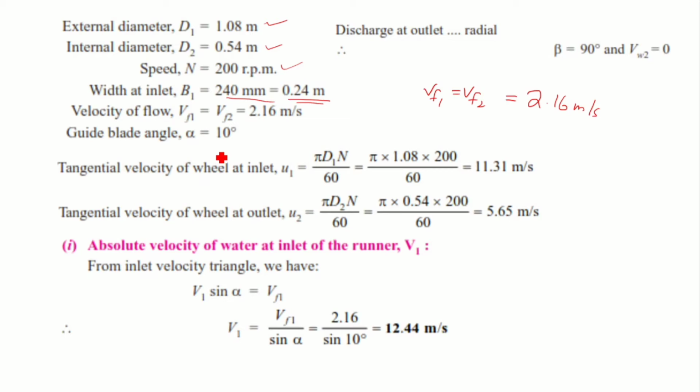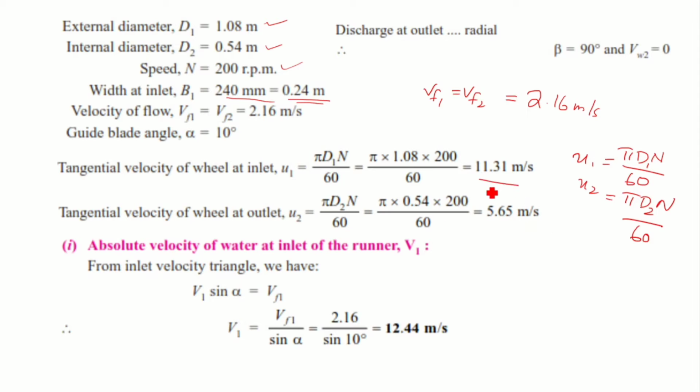So the inlet and outlet diameters are given. From these diameters, we can find U1 and U2. U1 is obtained from the equation pi d1 N by 60, and U2 is the peripheral velocity at the exit, so it is pi d2 N by 60.